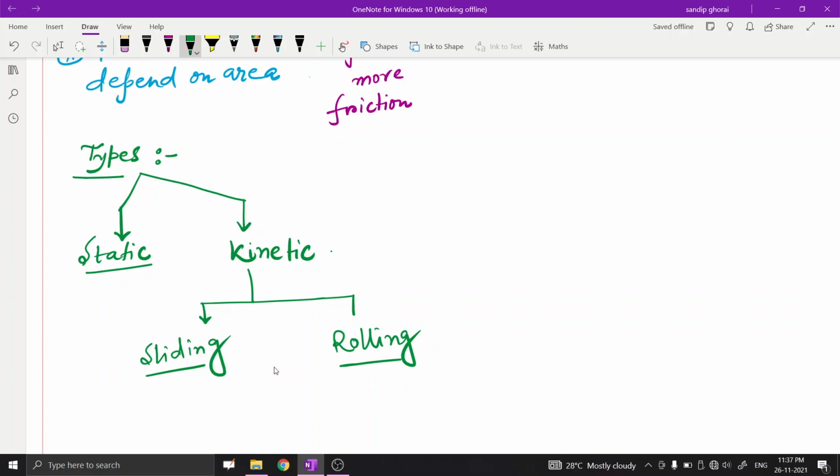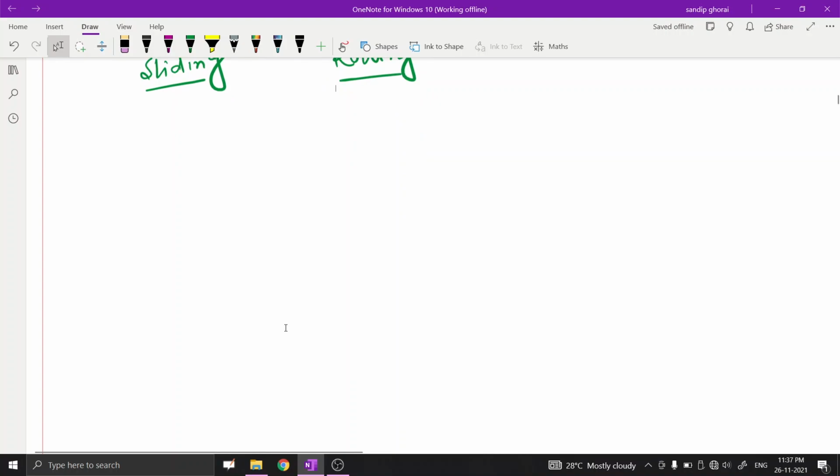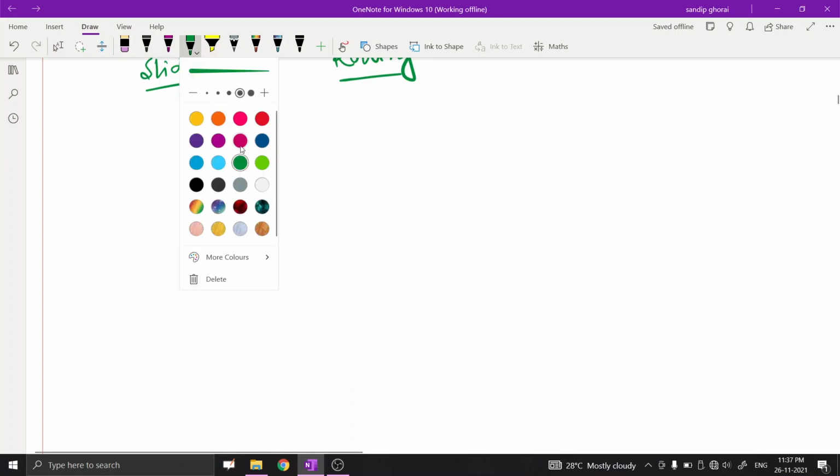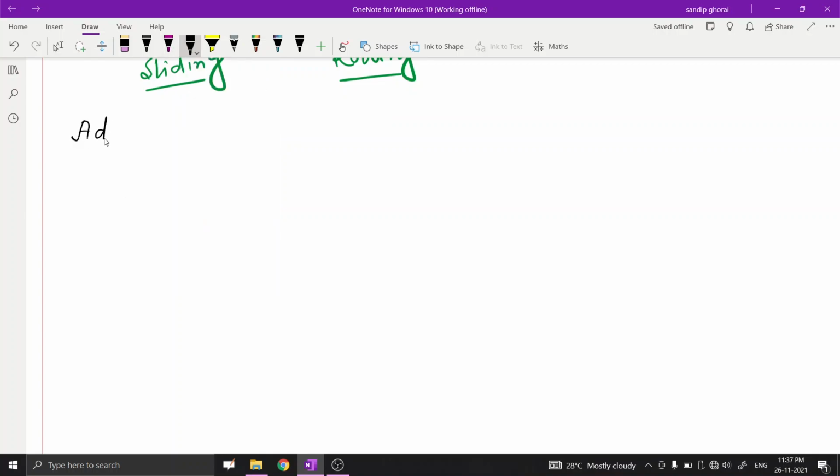Now, if we take friction, there are some advantages and also some disadvantages. What are the advantages? At first, friction helps us in walking.